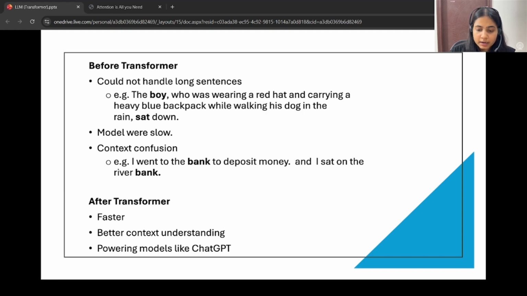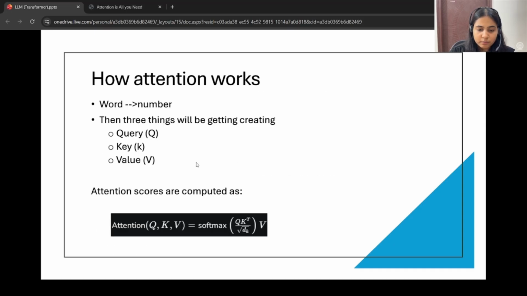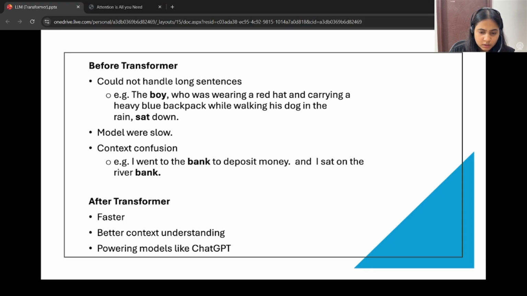Older models would give the same mathematical representation in both cases, so the context would be missing. They would not understand what each bank means, and would get confused.